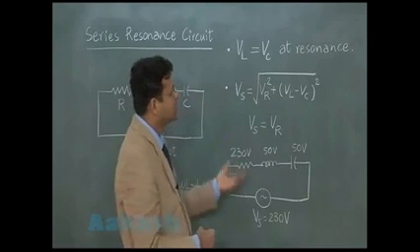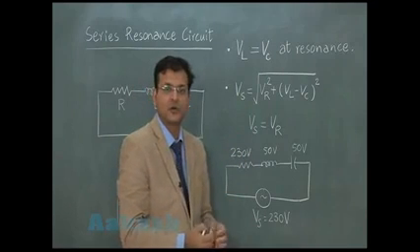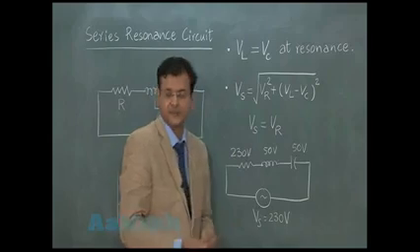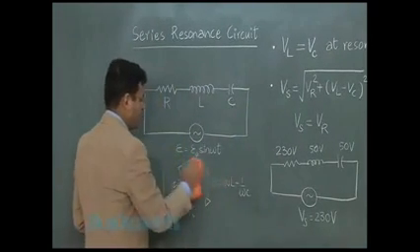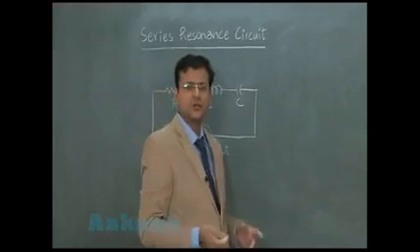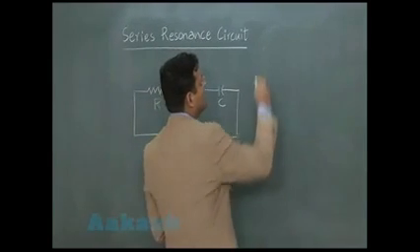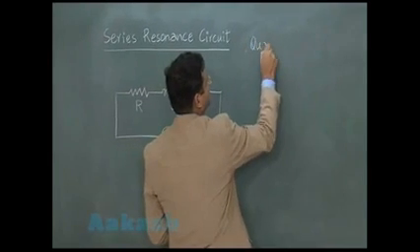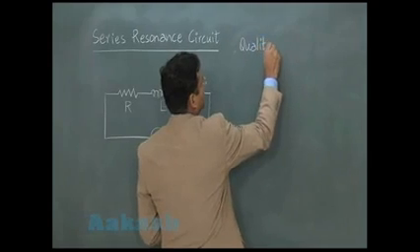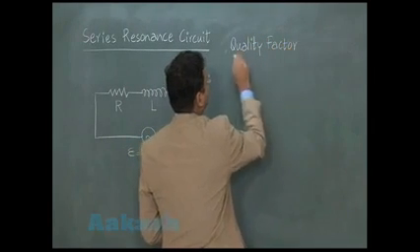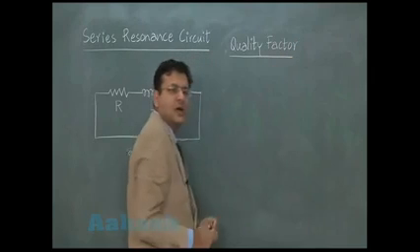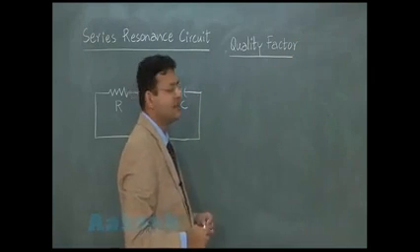Now connected to this, you can have a concept which you call quality factor, and let us discuss that. Connected to the series resonance circuit, you have a concept called quality factor. There are two ways in which we will be defining it.